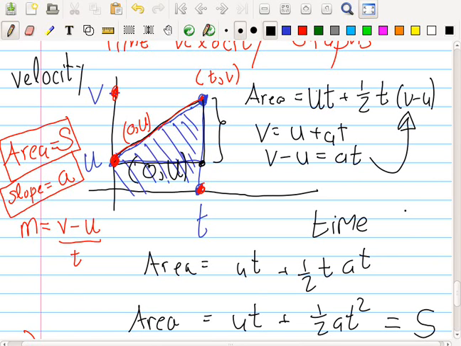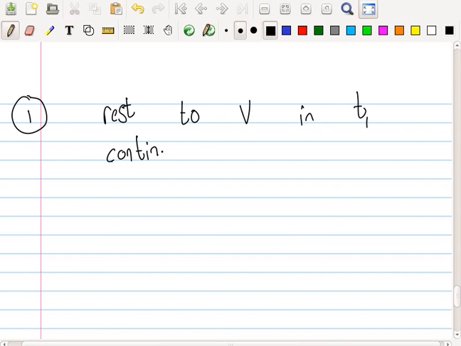Let's have a look at an example. So I'm going to do question 1 here, and I'll write the information down for you. Example 1: a car accelerates from rest to speed v in t1 seconds. It continues at v for t seconds, and then decelerates uniformly to rest.